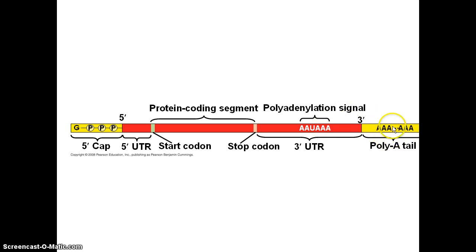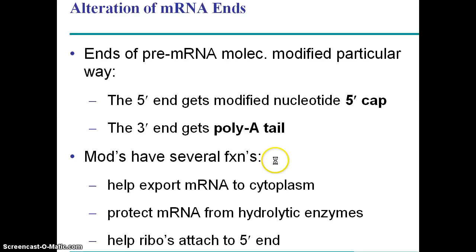If there wasn't this protection on the end here, enzymes would chew up the coding segments of the RNA molecule. So again, this provides an area of protection. Let's see. So 5' end gets the 5' cap, obviously. 3' end gets the poly A tail. Again, helps protect digestion from enzymes and helps the 5' end attach to the ribosome.